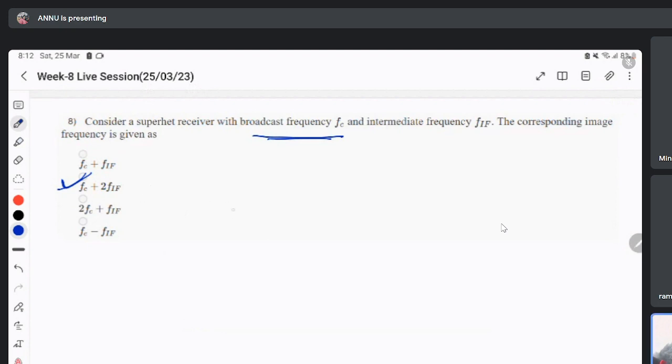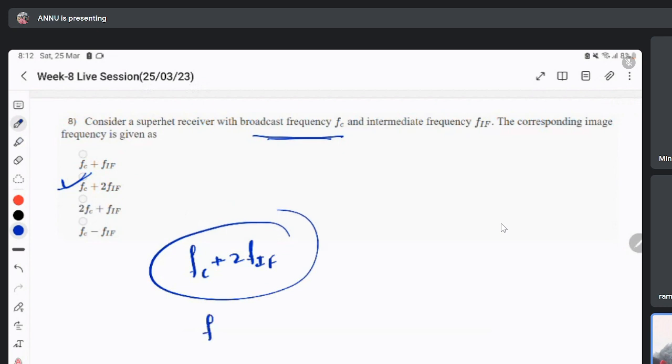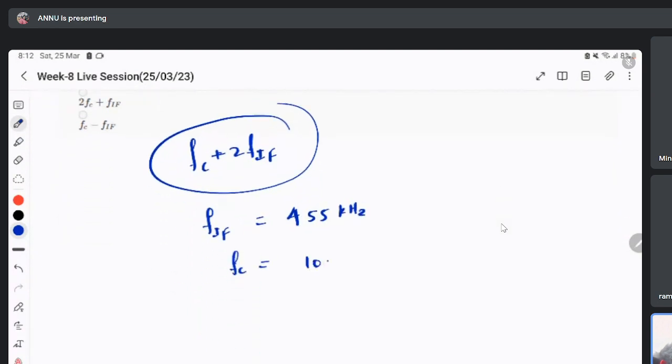You are given FIF as 455 kilohertz and FC is generally in the range of 1000 kilohertz for AM.